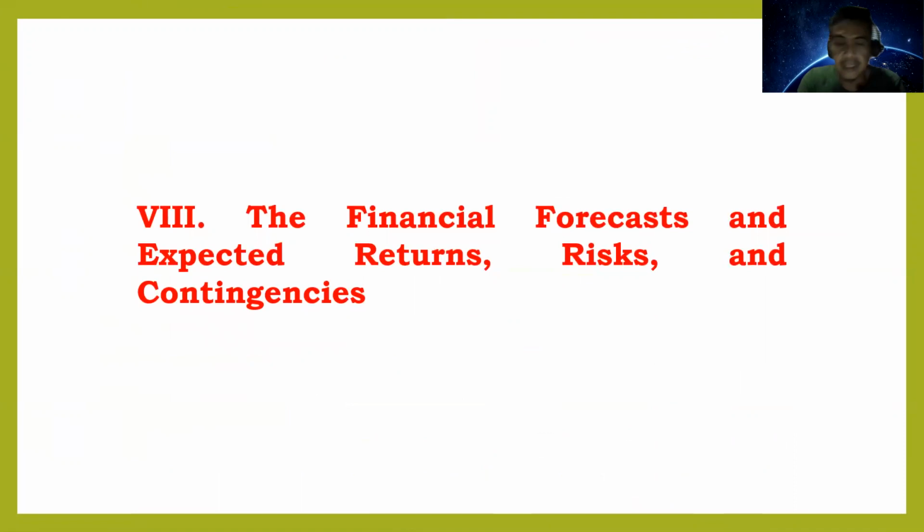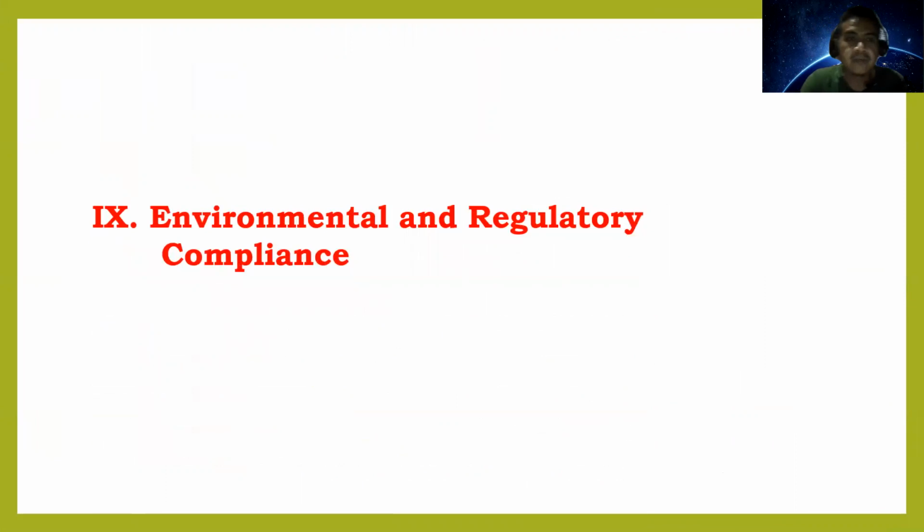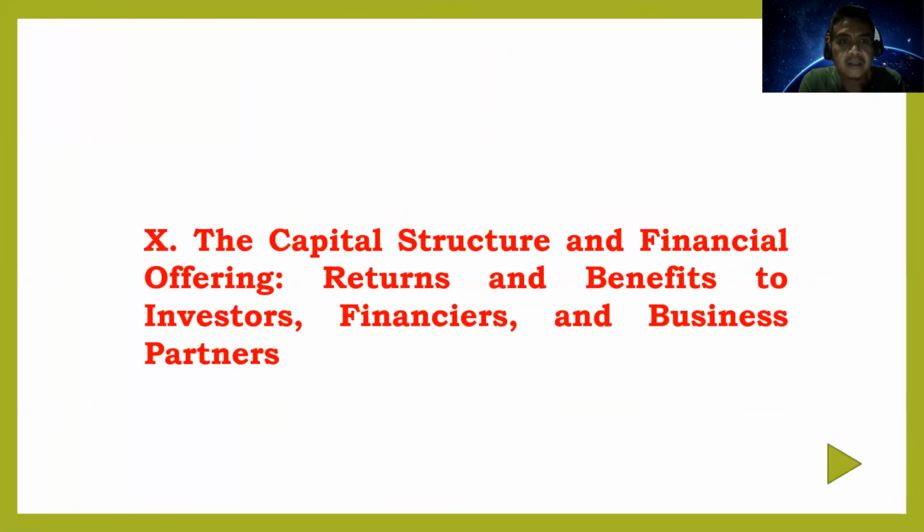Then the eighth part is the financial forecast and expected returns, risks, and contingencies. We also have the environmental and regulatory compliance. And the last part is the capital structure and financial offering, returns and benefits to the investors, financiers, and business partners.